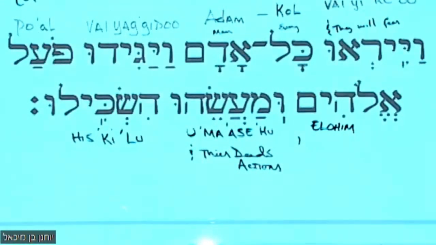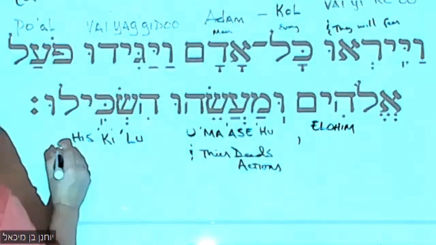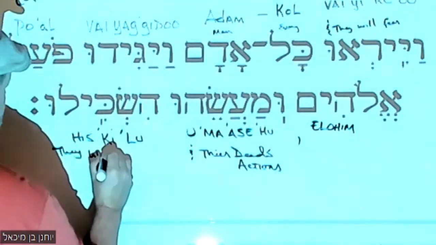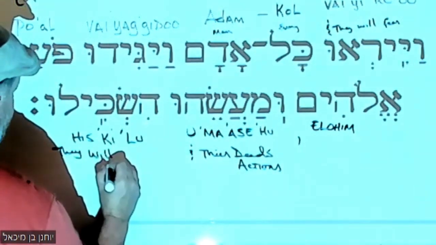What about Hiskilu? Okay, so the root word here is sakal, which means to ruminate upon, to contemplate, to think about. So tell me what it is. They will what?